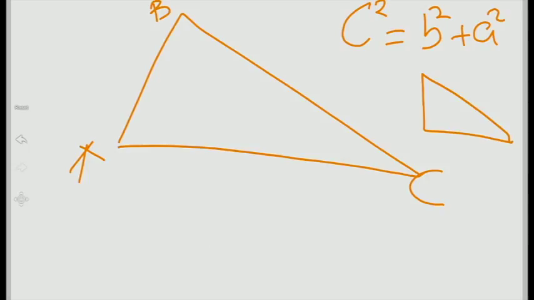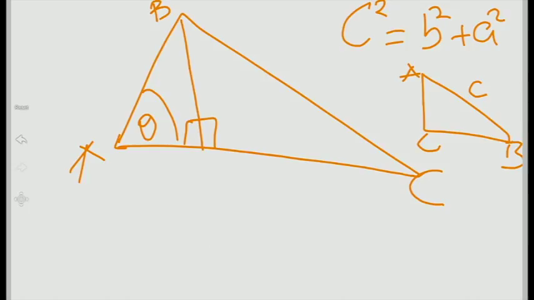If this was triangle A, B, C, you can have C squared equals A squared plus B squared. But this is not a right angle triangle. So now let's see what we can do. Say this is our theta here, which is A. We draw a line here, which is going to give us two right angle triangles.